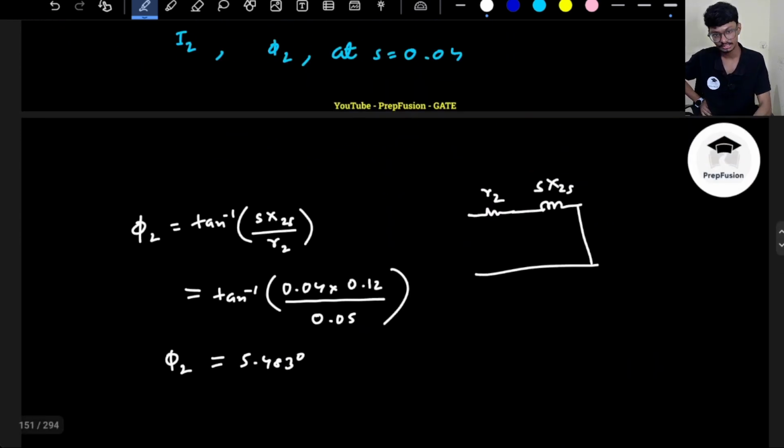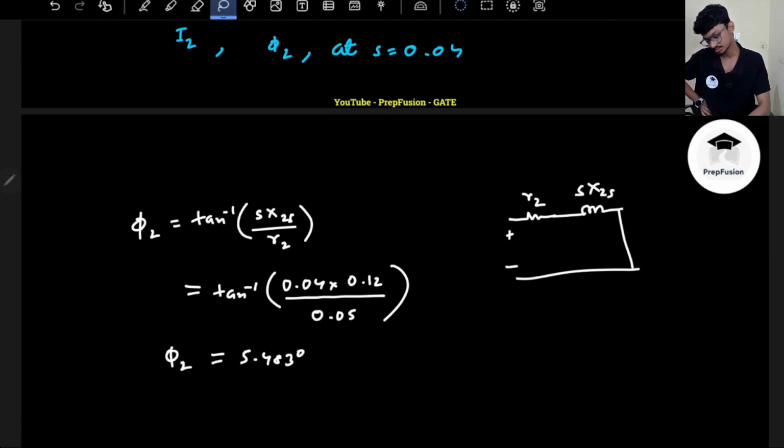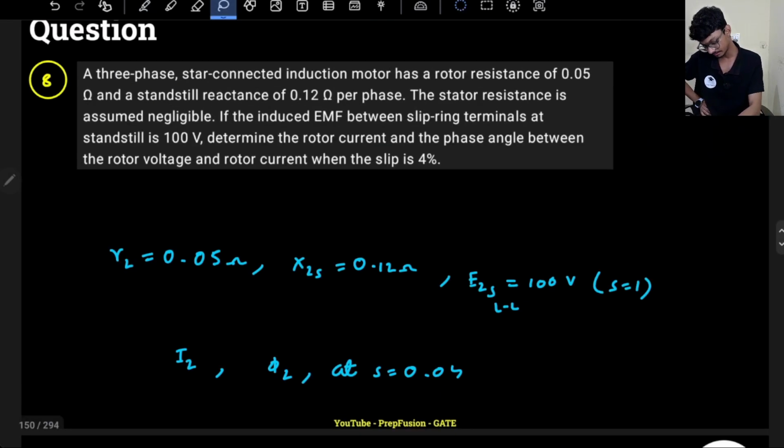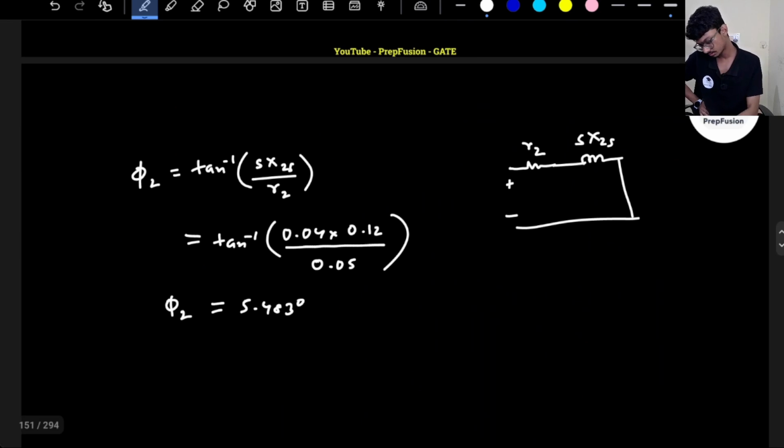Basically, the standstill reactance is given, and the standstill EMF induced is given. This is line to line, but nothing is mentioned. Here it is mentioned star connected, maybe they're talking about the stator. For the rotor, it is not mentioned whether it is star or delta connected. I will assume it is star connected. So then this will be the EMF E2 by root 3, right?